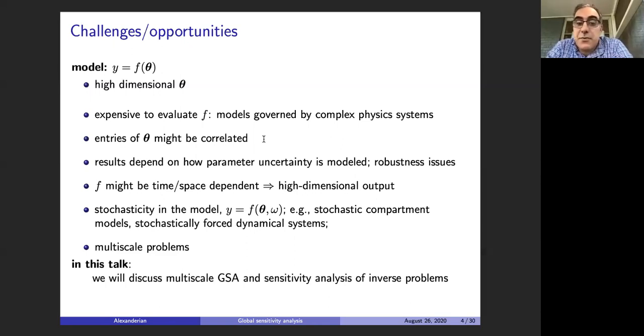The interesting question is how you can leverage information from coarser scales to inform finer microstructural models. What I will talk about in this talk is two topics: multi-scale global sensitivity analysis, and, since I have a lot of interest in inverse problems, sensitivity analysis for inverse problems, bridging the two fields. We'll get to that later in the talk.